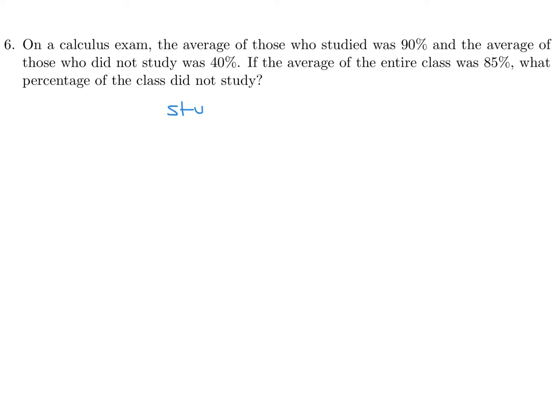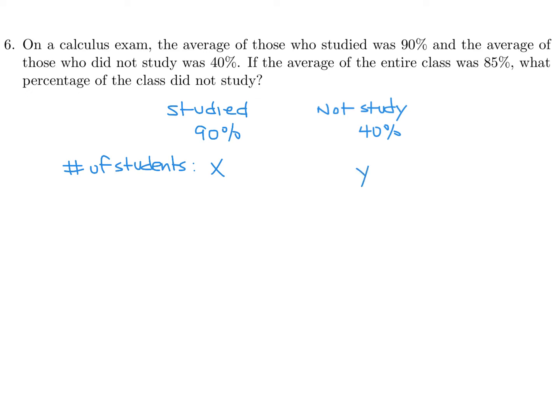So the ones who studied had an average of 90%, and the ones who did not study had an average of 40%. We are not told the total number of students, so I'll just call the number of students that studied X, and I'll call Y the number of students who did not study.